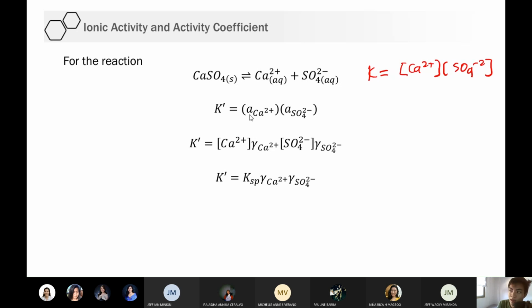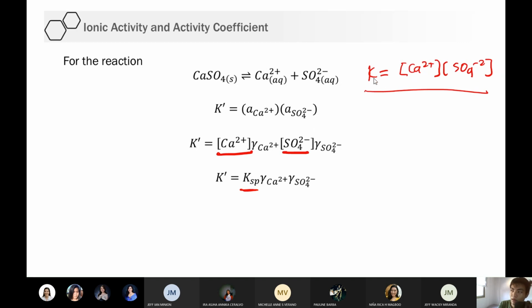So K prime can be solved as the activity of calcium and the activity of sulfate ion. And we know that activity is equal to concentration times the gamma. So we can express this as the concentration of calcium times the gamma of calcium, and the concentration of sulfate times the gamma of sulfate. If you combine the concentrations, you will get your original equilibrium constant, so we can write it as KSP.